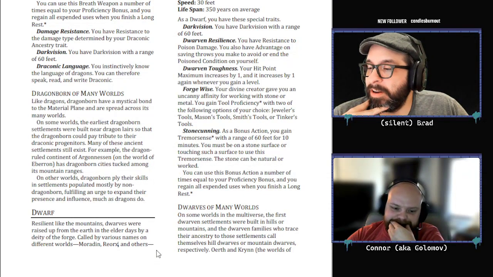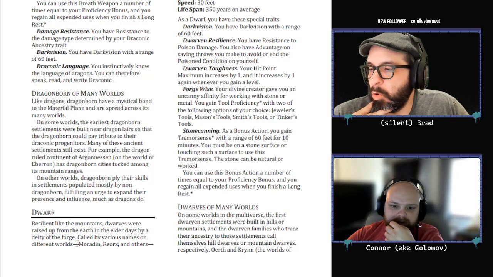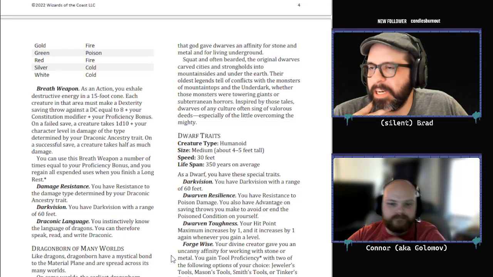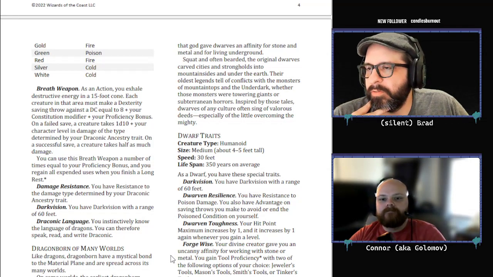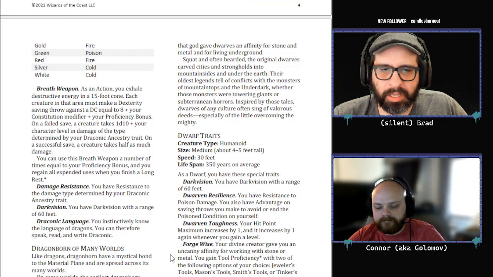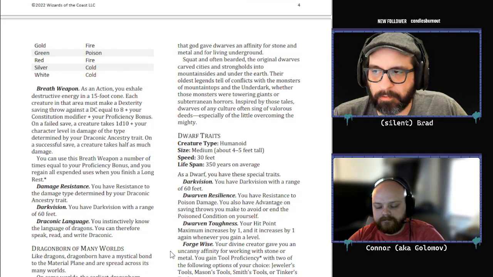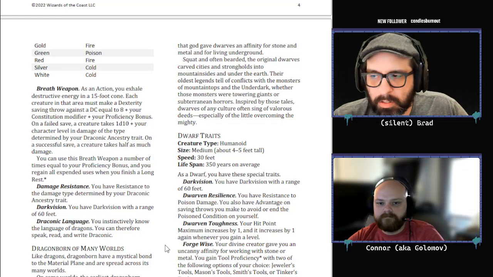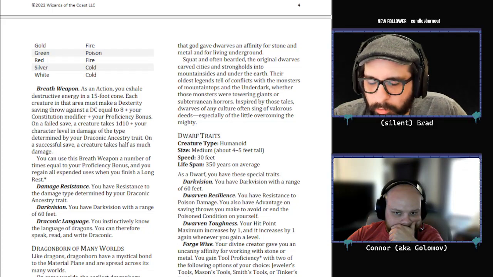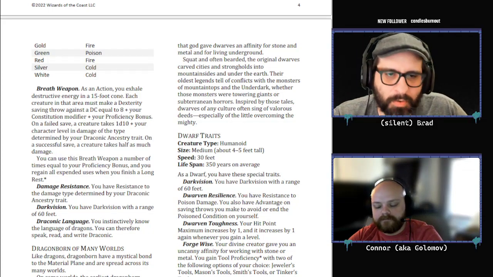So Moradin apparently exists on all the different planes with different names: Moradin, Rorix, and others. And this god gave dwarves an affinity for stone and metal and for living underground. Even if your dwarf is from the forest, they still have these special things because they were created out of stone.